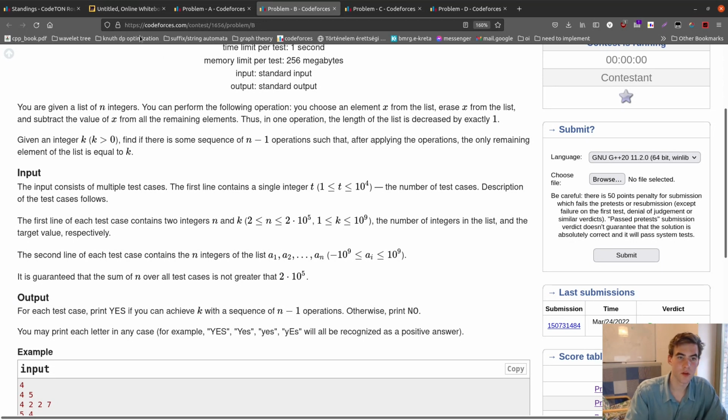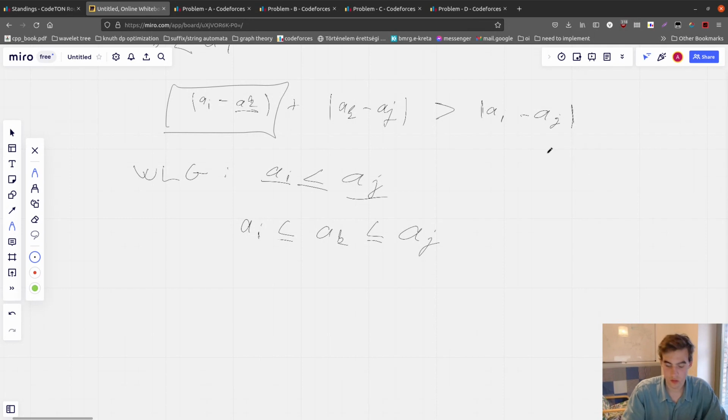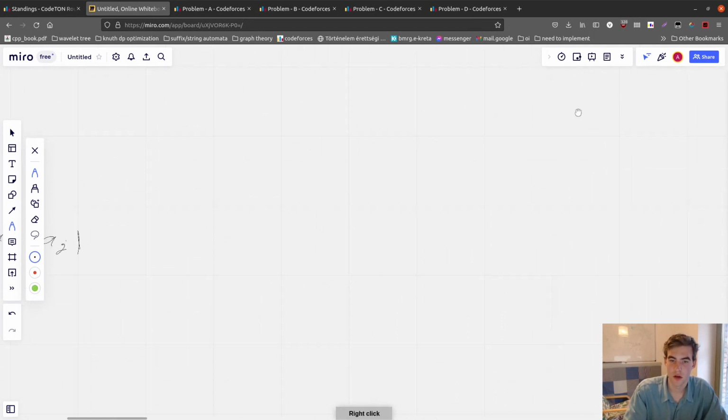For this problem, once again, I just tried thinking about it, tried to see what these operations actually do. And what I found, let's say A, B, C, D is our array.